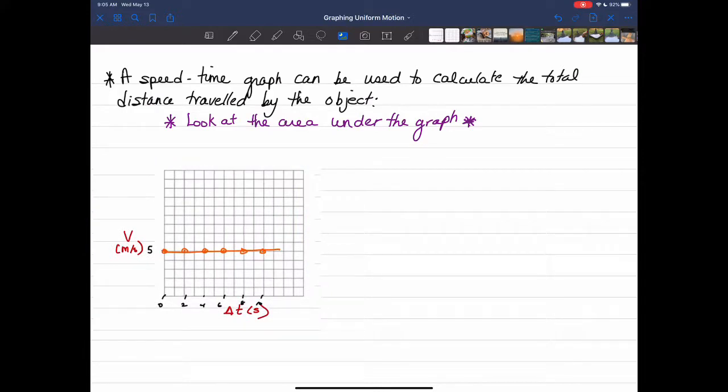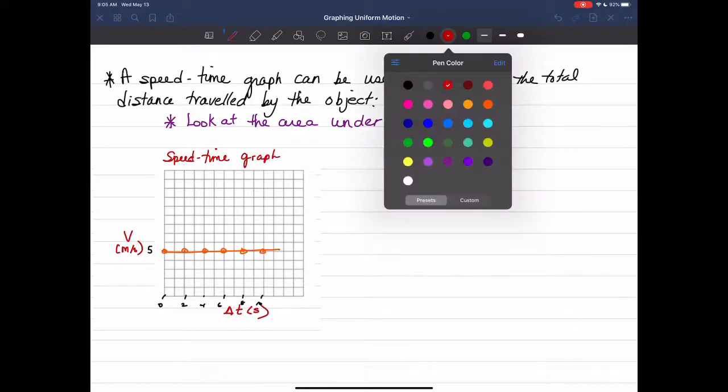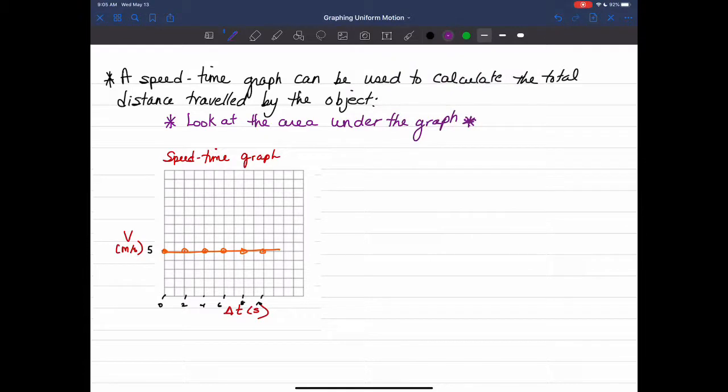So here we have again, this is our speed time graph. And when we try and figure out the area, okay, look at this. This is the area under the graph.